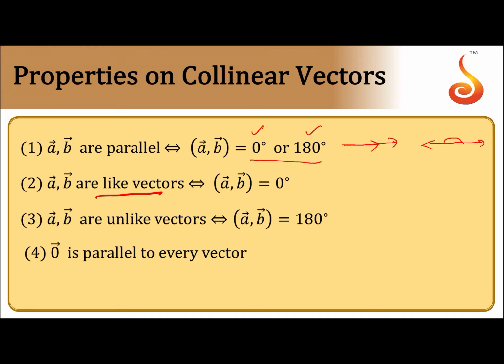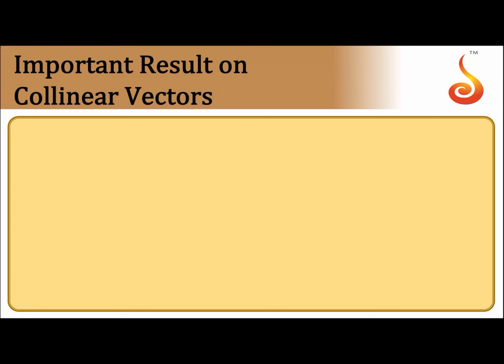Like vectors have an angle of 0 between them, and unlike vectors have an angle of 180 degrees. And remember one point: you may not measure the angle of any vector with a zero vector, but still the zero vector is always parallel to every vector. That's the concept of it.